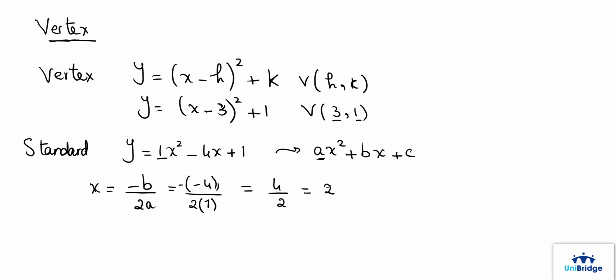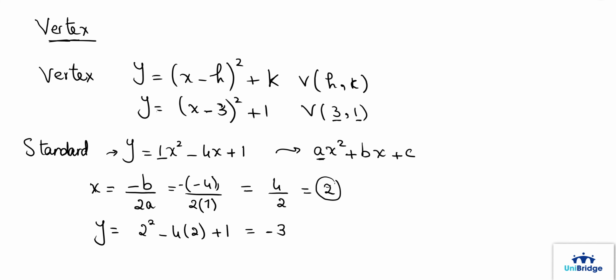Since you get the x of the vertex, you get the y by plugging in. So y is going to be equal to, you plug in the 2 that you got into the original equation, so you do 2 squared minus 4 times 2 plus 1, which you can simplify. This is going to give you 4 minus 8, which is negative 4, plus 1, which is negative 3.